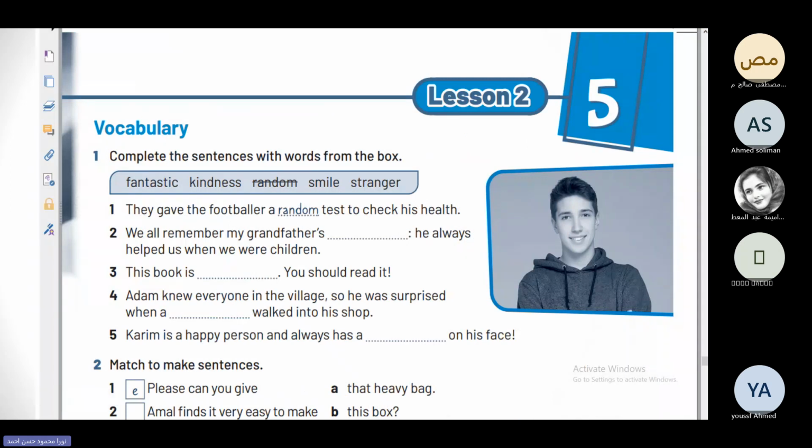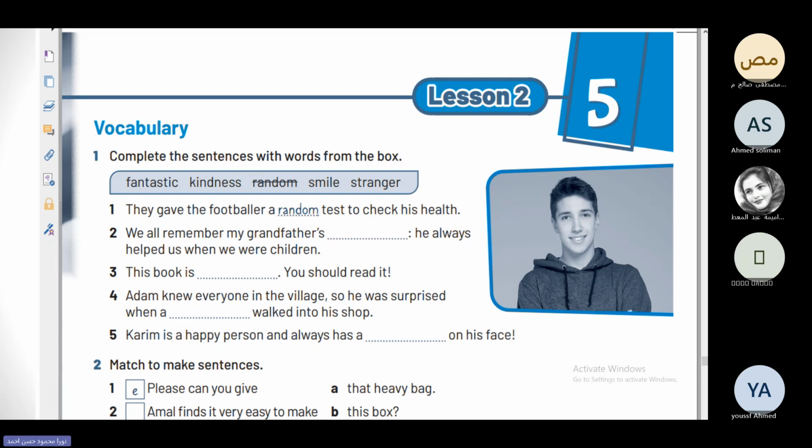Okay, let's practice some of the vocabulary from the reading. Fantastic, kindness, random, smile, stranger. Number 1, they gave the footballer a random test to check his health. عشوائي, random. What about number 2? Can you answer it?